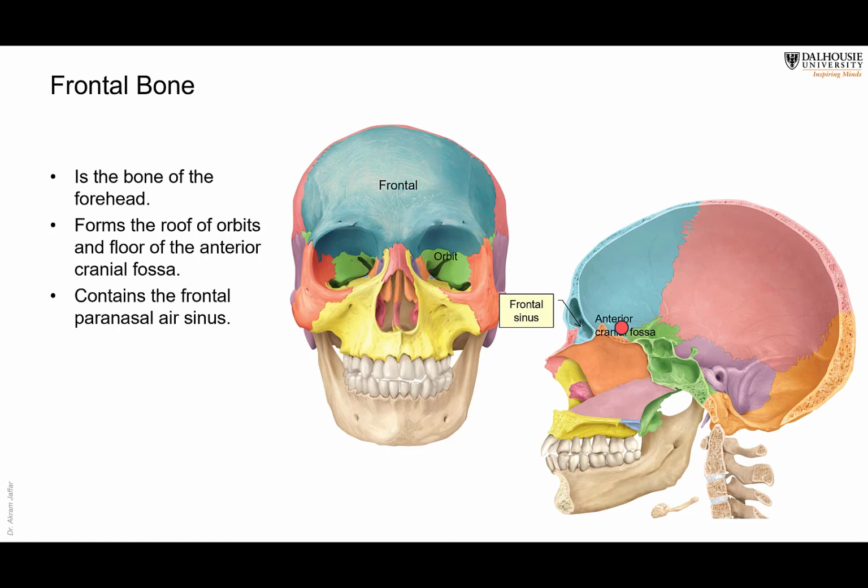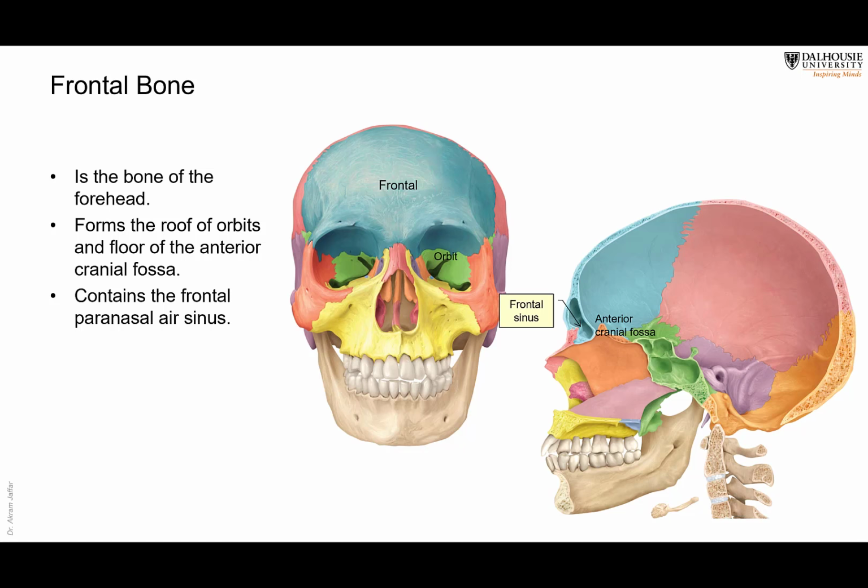There's something else about this bone, that it has a space here, a cavity. It's called the frontal sinus. This cavity is unlike the medullary cavity that you have seen in the long bones that contains the bone marrow. This one does not contain bone marrow. It contains air, and it is lined with respiratory epithelium.